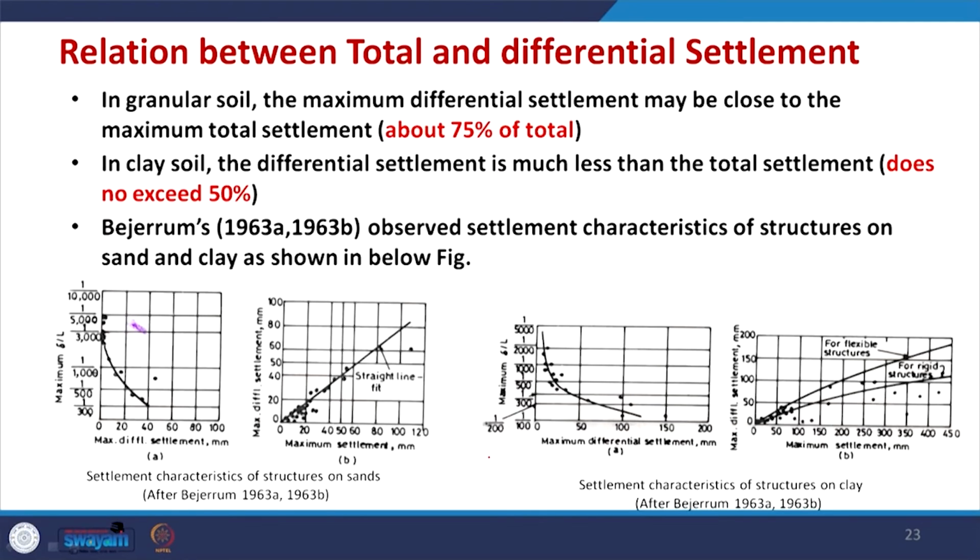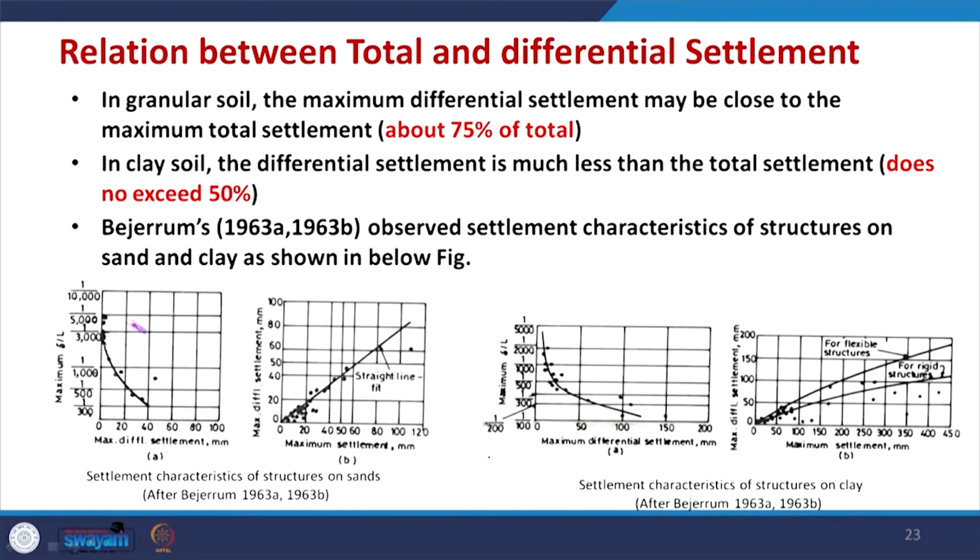The same is the case for the clay, and if you compare the values, you can see that the maximum value of settlement here is 120 mm for sand, while it goes up to 450 mm for clay. The same difference holds for the differential settlement as well as the angular tilt.